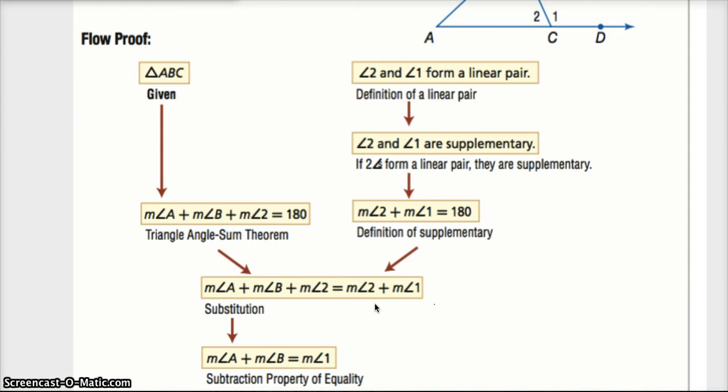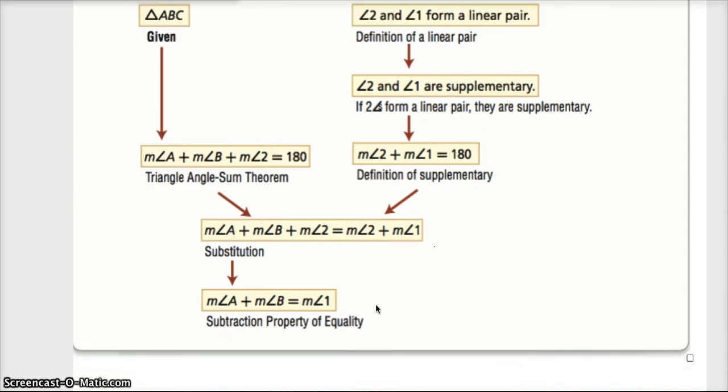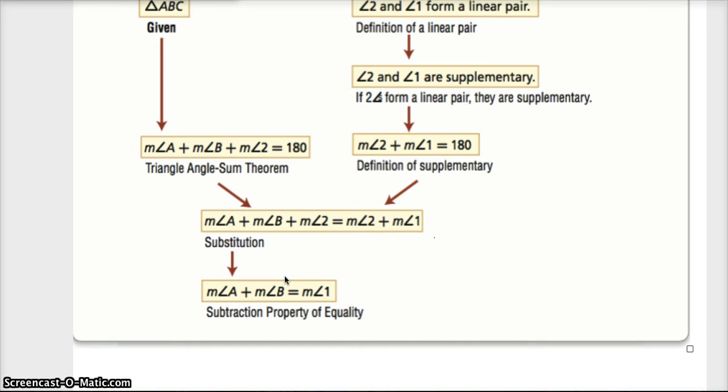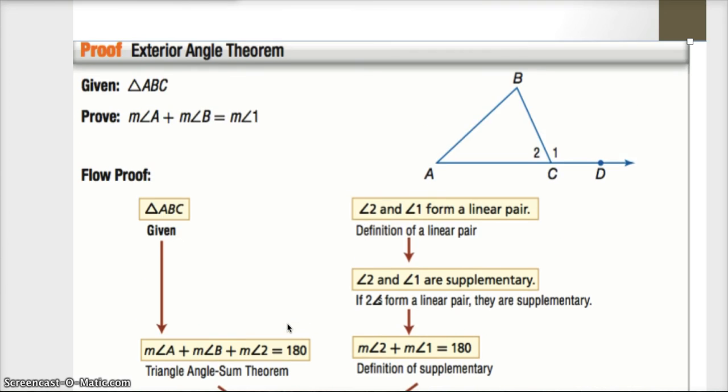So they substituted that in there. Then the next step was subtraction. They'd have to subtract away the same thing on both sides. Remember the subtraction property of equality: you can take away things that are equal on both sides of an equation. This is stuff that we do all the time in algebra, and then you get this, which was the thing we were trying to prove.